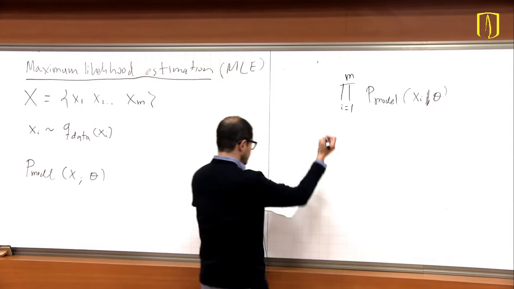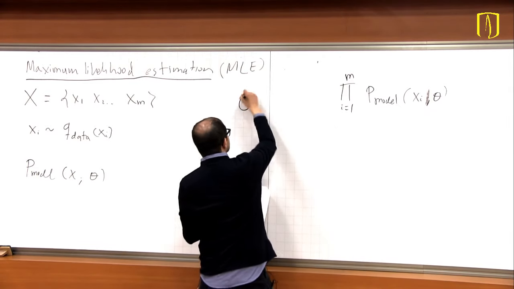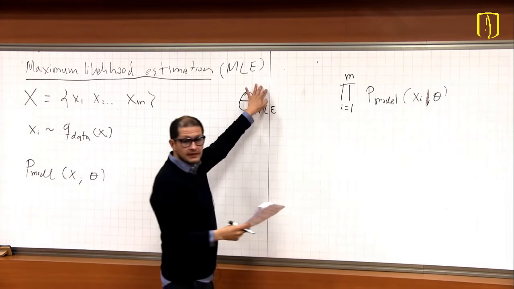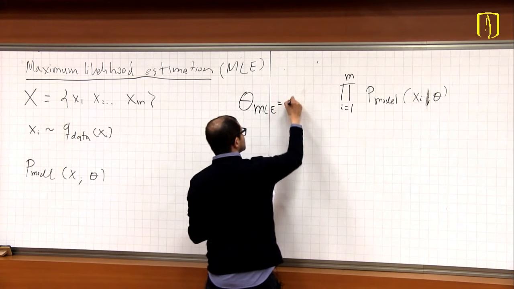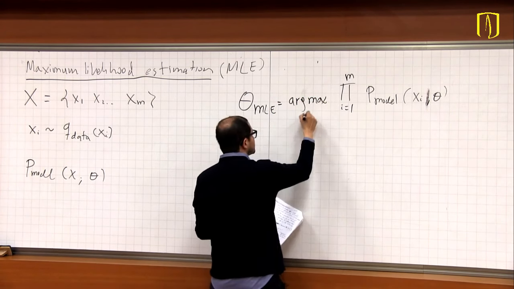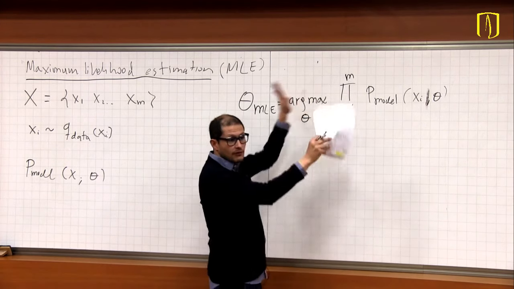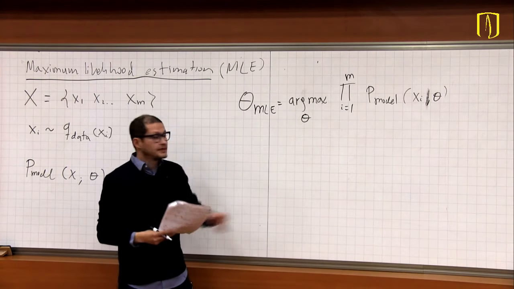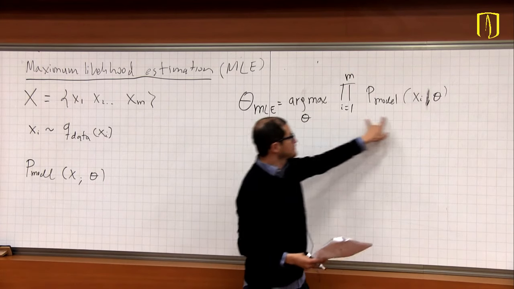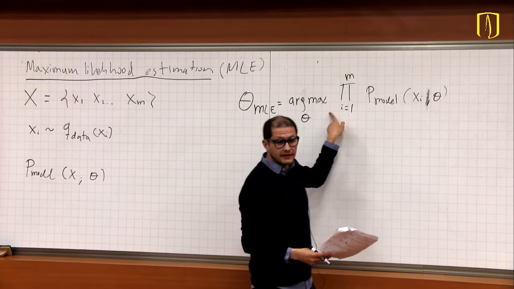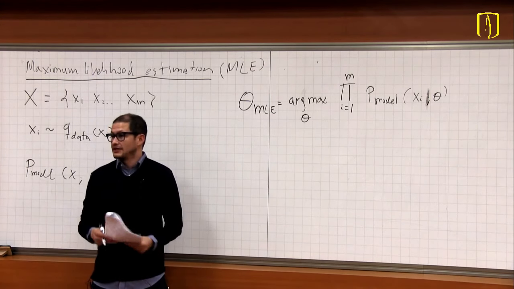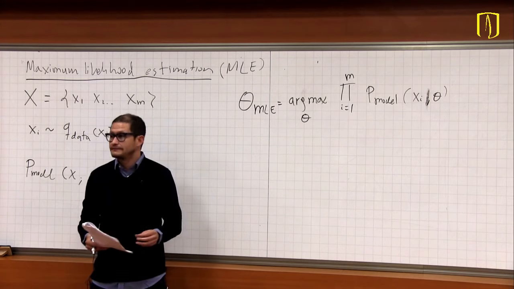The maximum likelihood estimation of your parameters theta is the arg max over theta of this probability. The argmax function finds the theta such that this probability is maximum, and that's your estimation for theta.